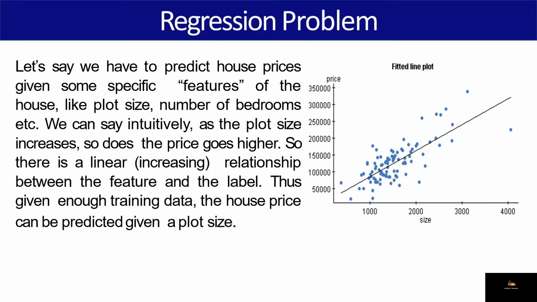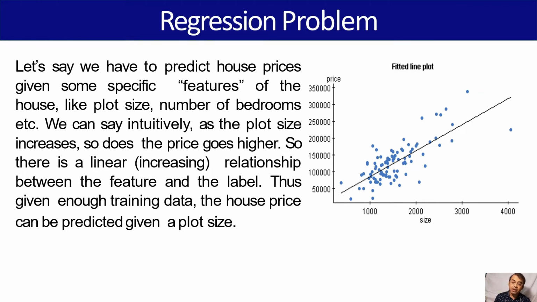One regression problem. Let's say we have to predict house prices given some specific features of the house like plot size, number of bedrooms, etc. We can say intuitively, as the plot size increases, so does the price. So there is a linear, that means increasing, relationship between the feature and the label.